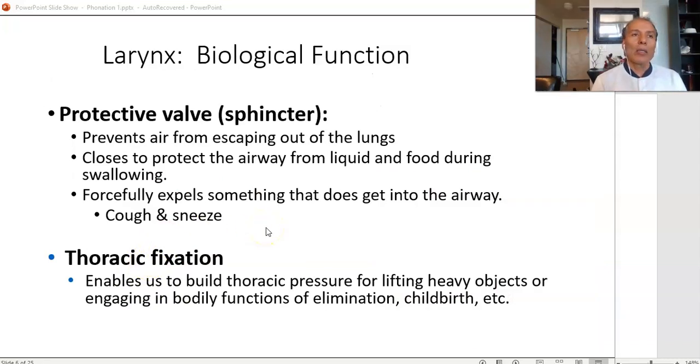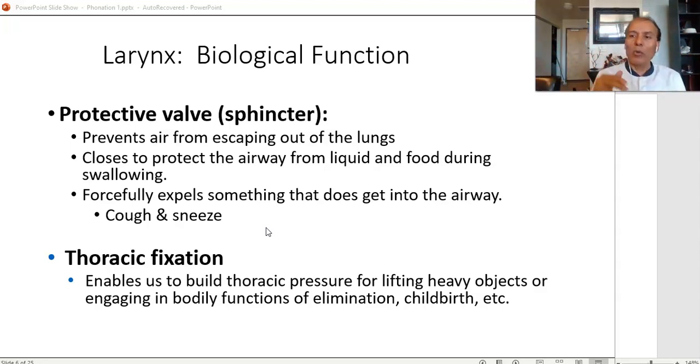The larynx has two biological functions that are survival functions, and then it has a third function that is more of an overlaid function, more of a secondary function. The first function is to protect the airway from anything that can penetrate and go in and harm our life.